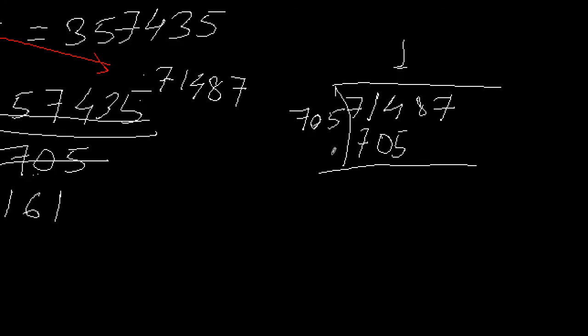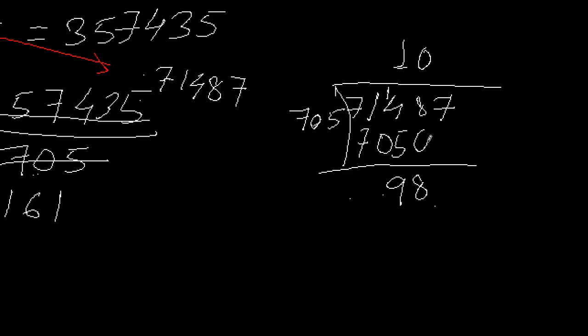I subtract and I get 9. Then 98 is less than 705, so I need to bring down 7 also, but I can only bring down 7 if I put a 0 in this place.